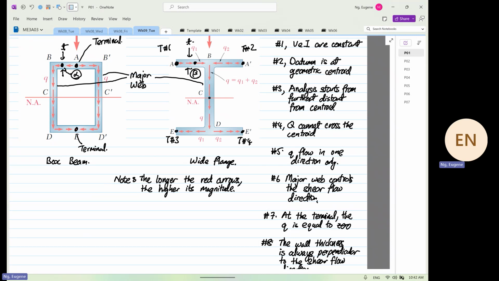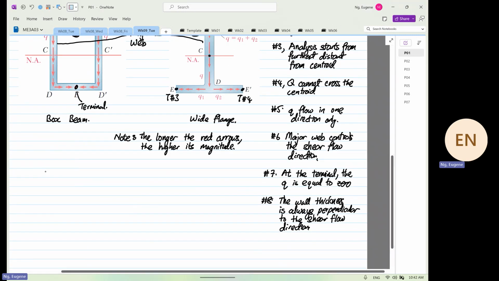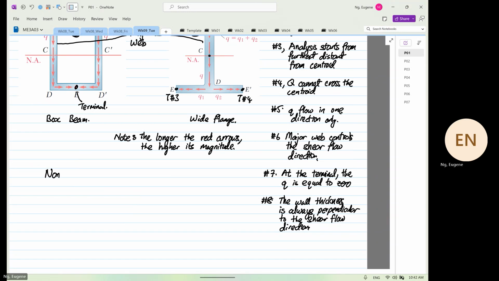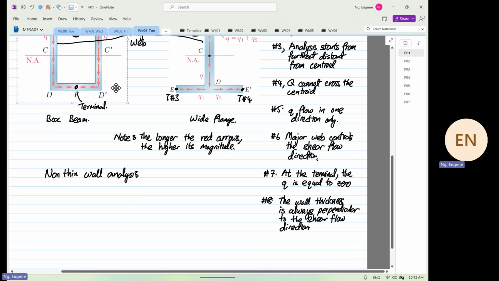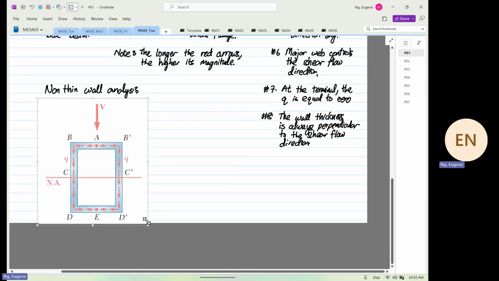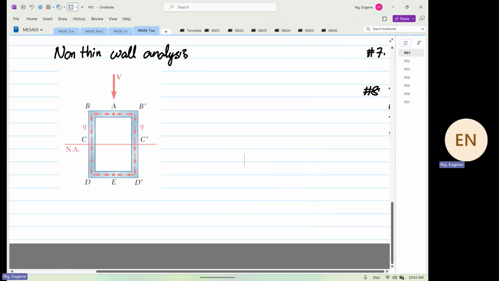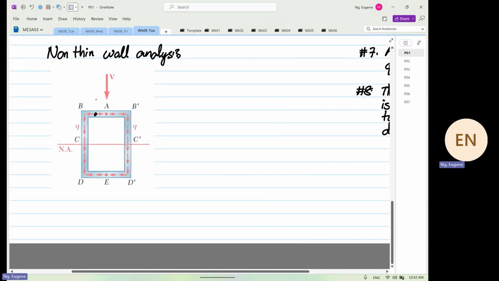Okay, so over here, I will do this for non-thin wall analysis. For non-thin wall analysis, if we want to find the thickness of alpha, what is the thickness we take?